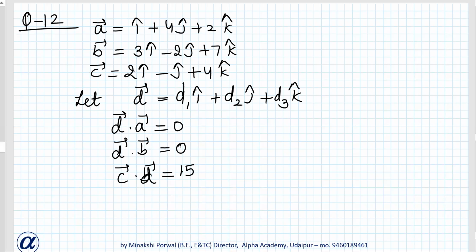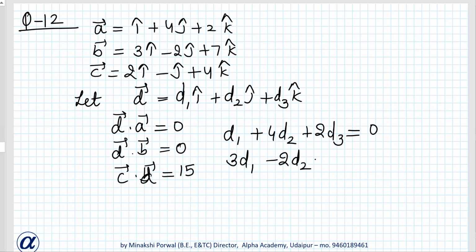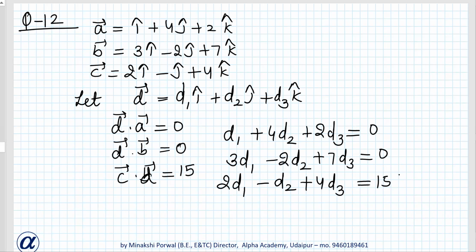So when we find their dot product, D dot A will be D1 plus 4D2 plus 2D3 equals 0, 3D1 minus 2D2 plus 7D3 equals 0, and 2D1 minus D2 plus 4D3 equals 15.